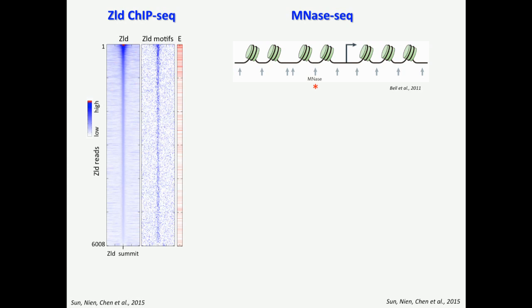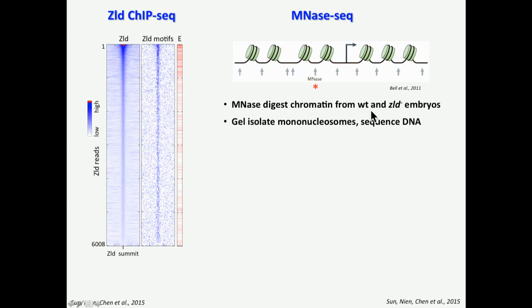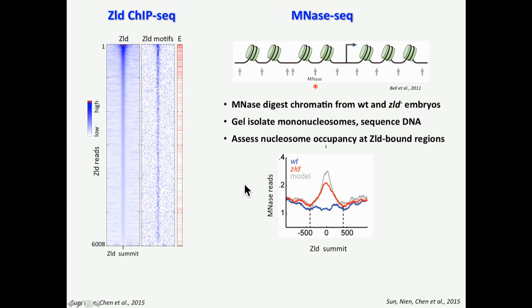And that's what we actually sequence. And so what we do is MNase digest chromatin from wild type and Zelda minus embryos. We gel isolate mononucleosomes, sequence the DNA. And then we assess nucleosome occupancy at Zelda-bound regions. Okay, and I'm going to show you that data in the form of a metaprofile.